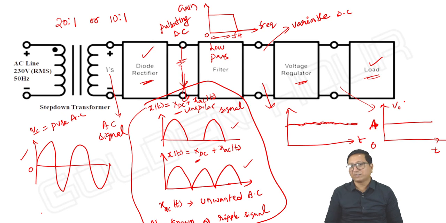We analyze the circuits, how these kinds of waveforms come, so that we calculate parameters like average value, RMS value, ripple factor, peak factor, percentage regulation, efficiency, transformer utilization factor. Every parameter has its own significance.